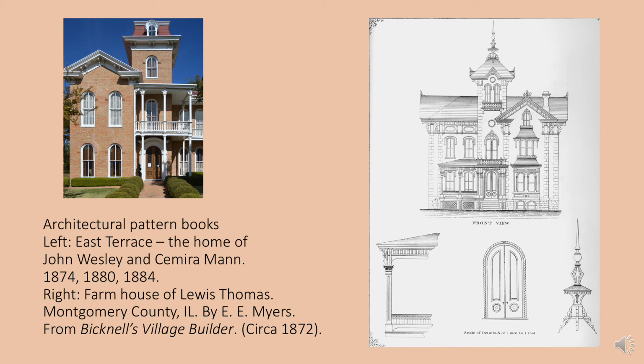And you can see the way in which the center tower and the projecting bay are both drawn from this book, and even the shape of the doorway with the round arch and the two panels are remarkably close. There are certainly differences, and people didn't feel compelled to copy things precisely.